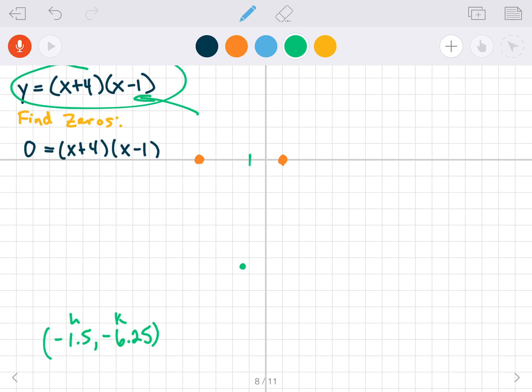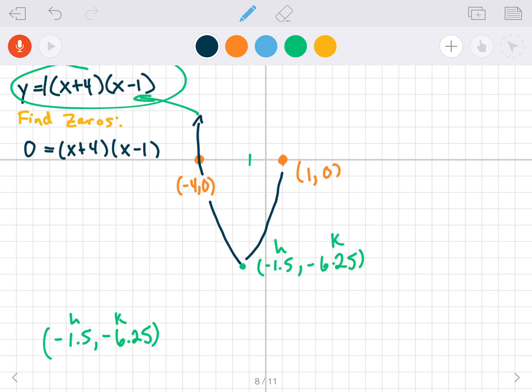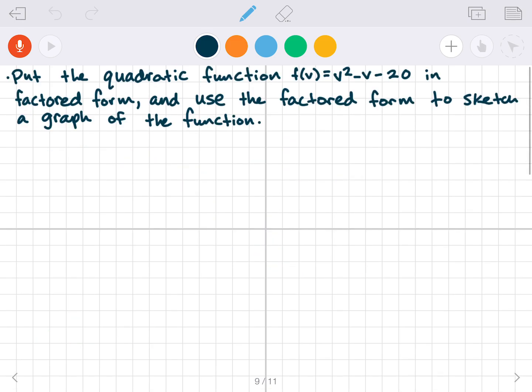This is going to be negative 1.5, negative 6.25. So this is h comma k, that's my vertex. And then again, my zeros are at 1, comma 0 and negative 4, comma 0. So now I can just connect the dots, make my parabola shape. We know it's opening up because a is 1, positive 1 in particular. And there's my graph. So zeros and vertex will help us graph.